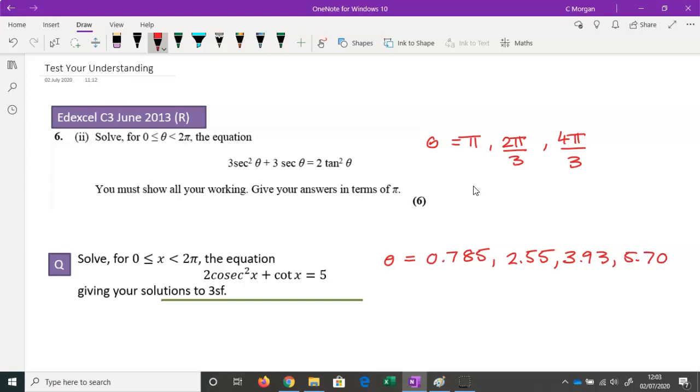Now, if you got those answers, there's no reason why you can't go straight onto the work that I've set on Show My Homework. But if you didn't get those answers and you'd like to see me go through it, I'm very happy to do so, which I'll do now.